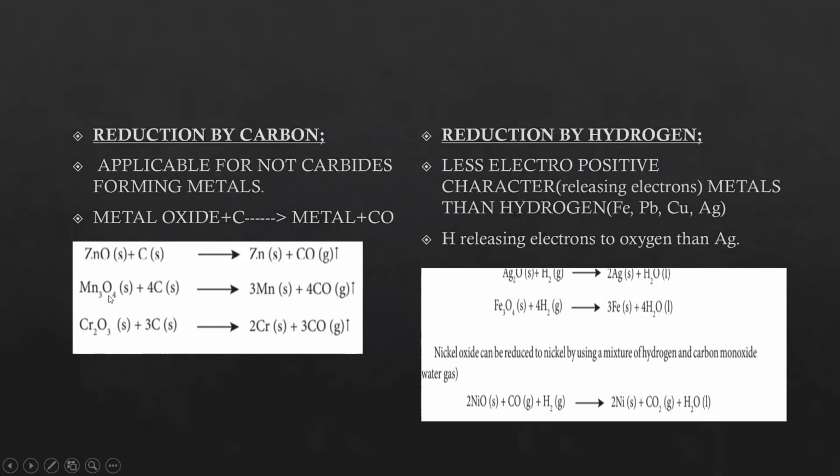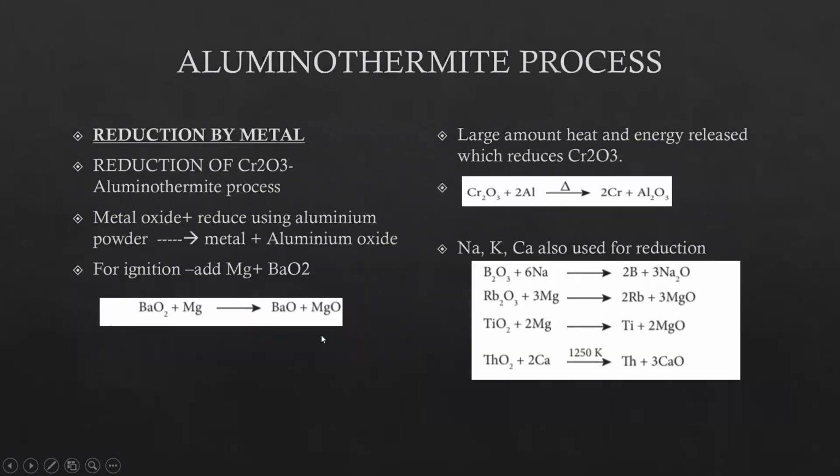Next, manganese oxide reacts with carbon to give manganese plus carbon monoxide as the byproduct in gaseous form. Chromium oxide reacts with carbon to give chromium and carbon monoxide as the byproduct.